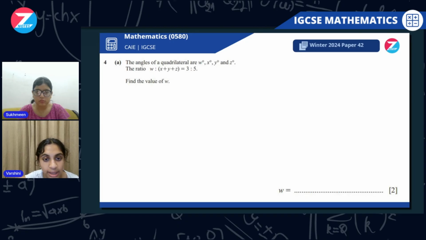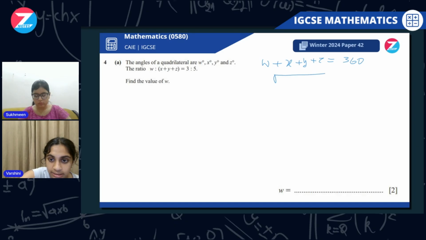So we know that w plus x plus y plus z equals 360. And we also know the ratio is 3 is to 5. So let's take it apart over here. So if w is 3, then the sum of these three is going to be 5.